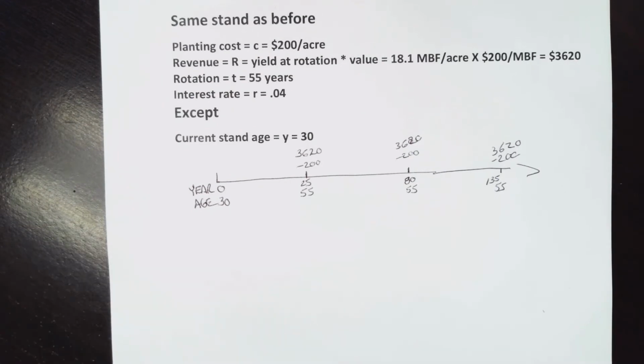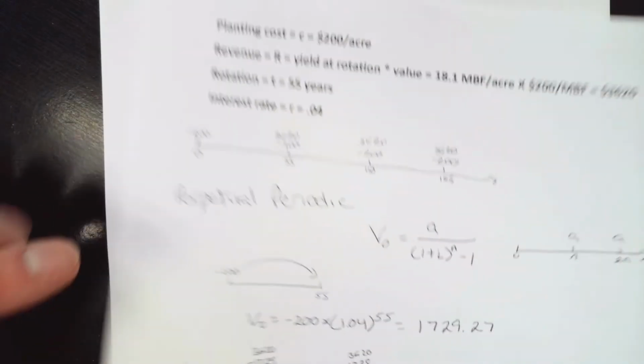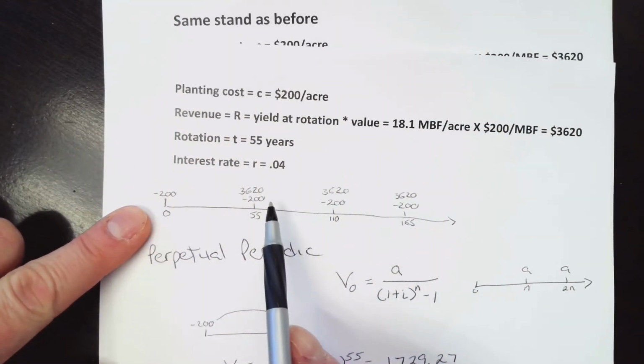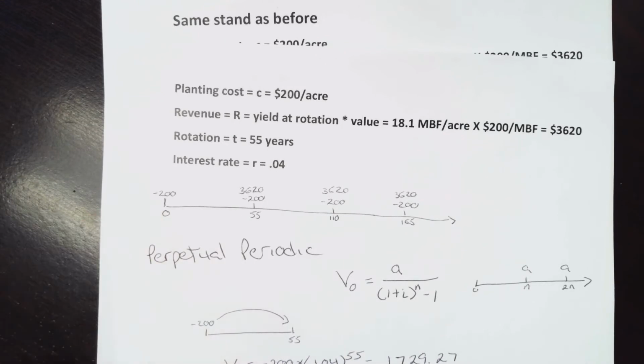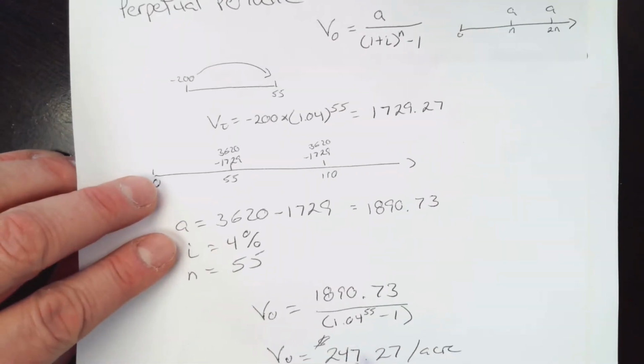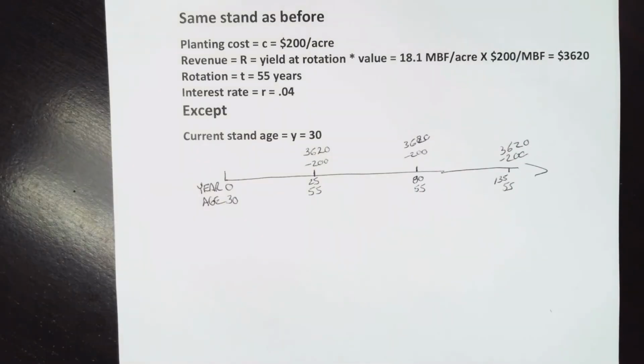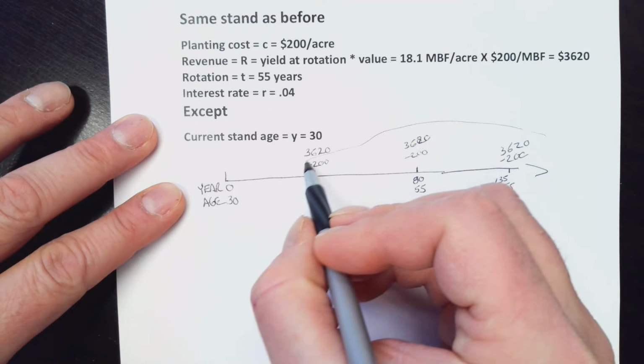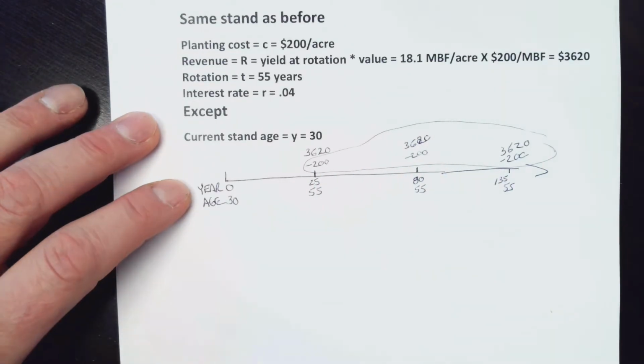But what we're going to do here is, because we went ahead and solved what this was in a timeline that looks like this, we know that that altogether is $247.27. When we look at our sheet here, that is basically all of this.